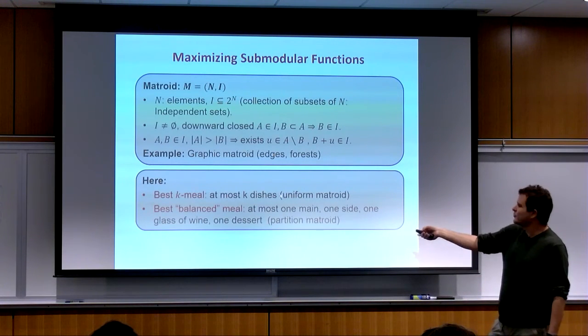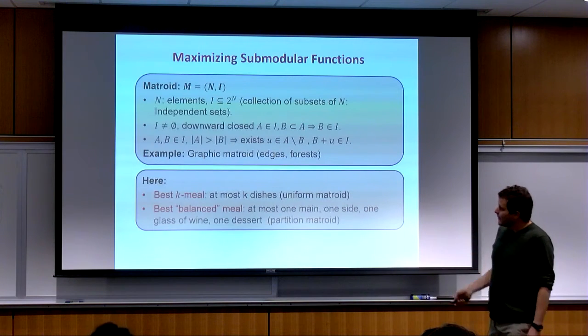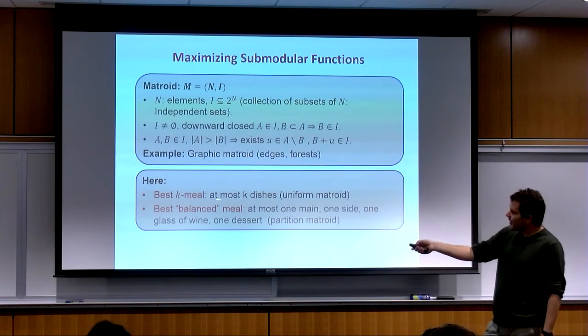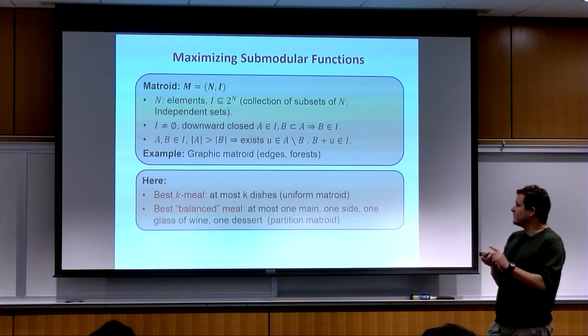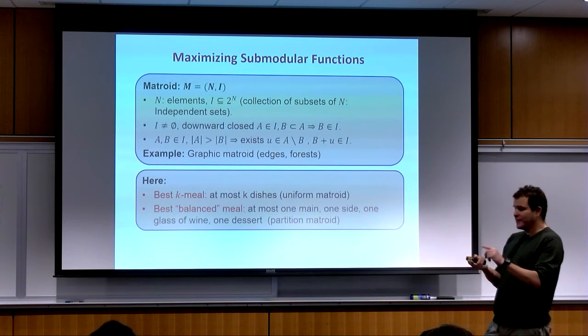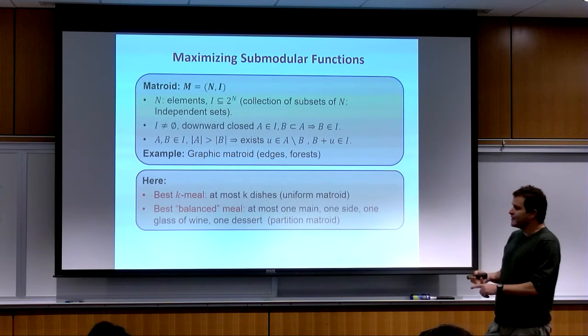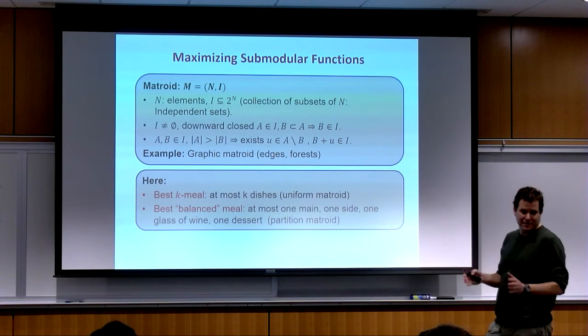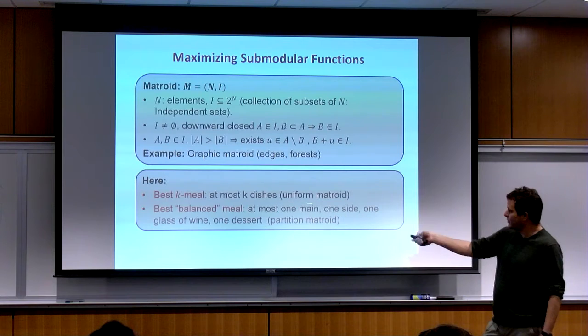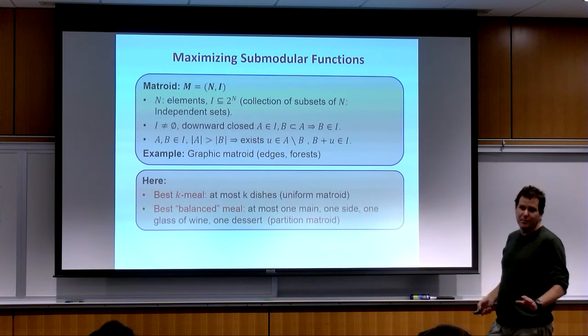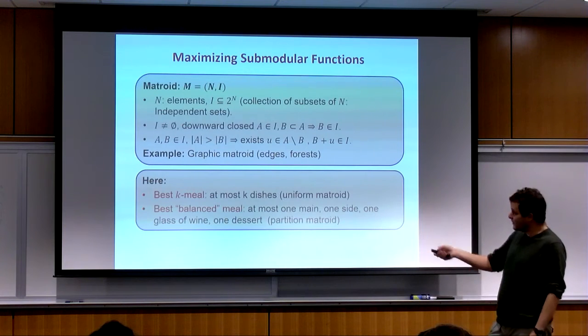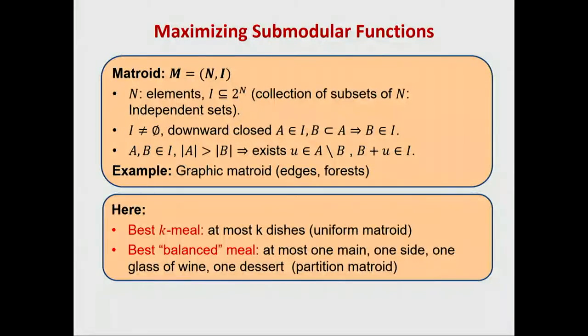This corresponds to a uniform matroid. The other option is find the best balanced meal. I give you, you can choose at most one main course, for example, one side, one glass of wine, and one dessert. This corresponds to what is known as a partition matroid. So keep in mind these two problems. We will follow these and give nice algorithms for them.